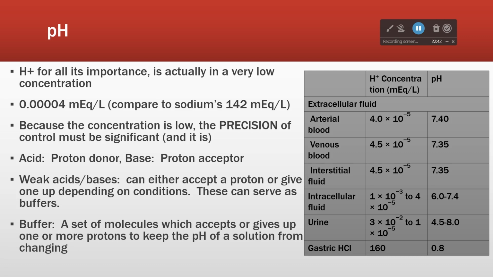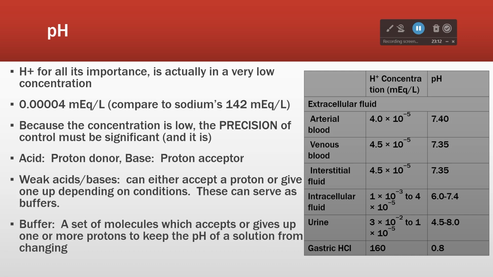Many of the molecules in our blood are not strong acids. They fall into this category of weak acids and bases. These are molecules that sometimes accept a proton and sometimes give up a proton, depending on what the pH is, depending on how many protons are around, right? Because remember, in the end, pH is telling you what the concentration of protons, hydrogen ions, is, okay?